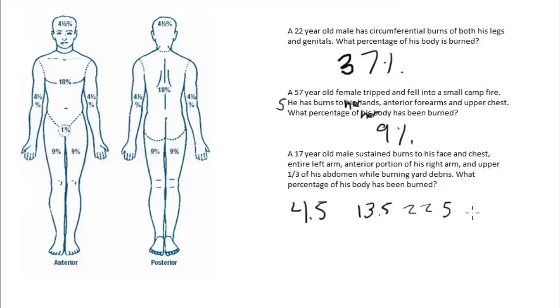So that's going to be adding another 4.5%. So we're up to 27%. 1/3 of his abdomen. The whole abdomen is worth 9, so we can assume 1/3 of it would be 3%. Add that, we're up to 30% of this patient's body being burnt.